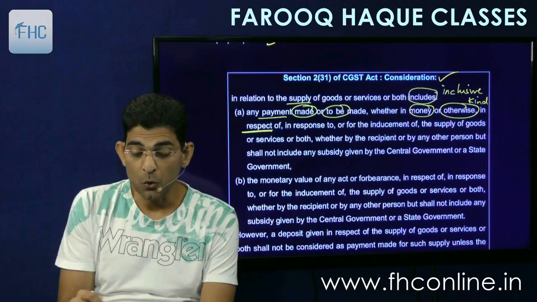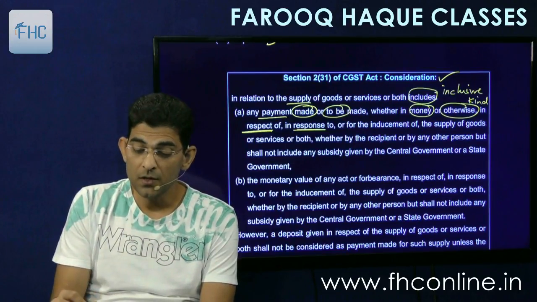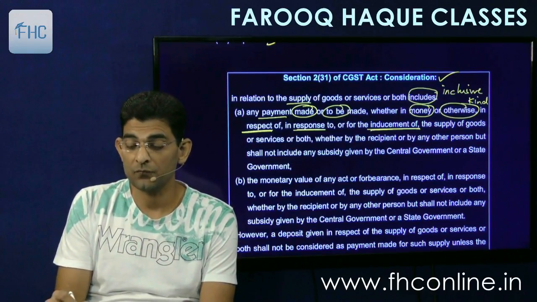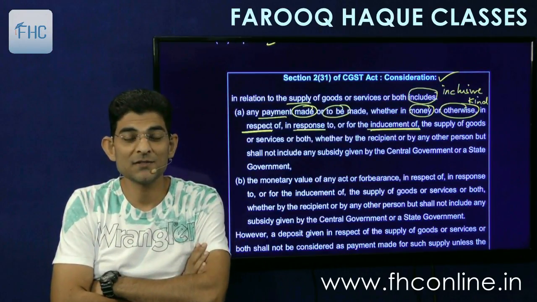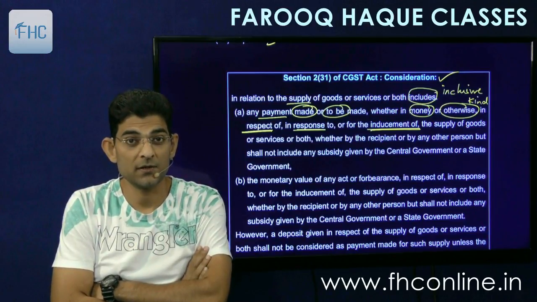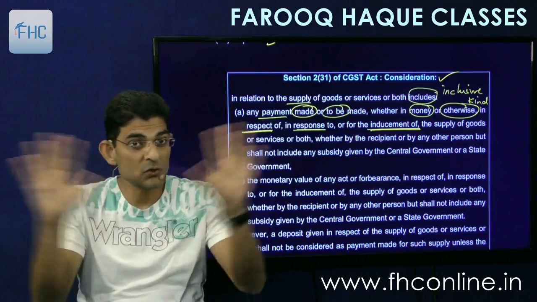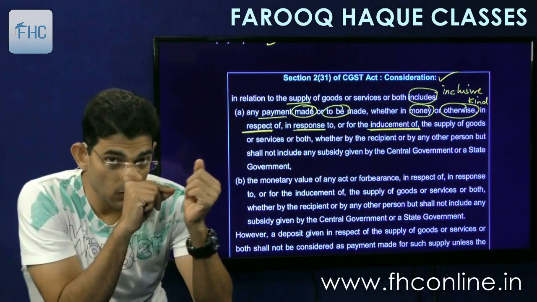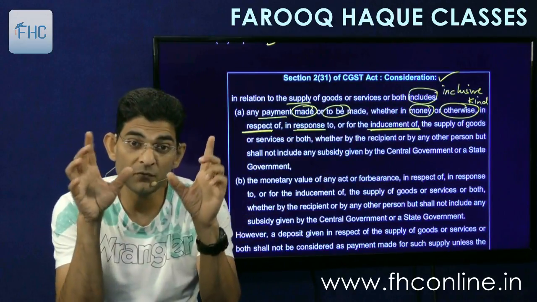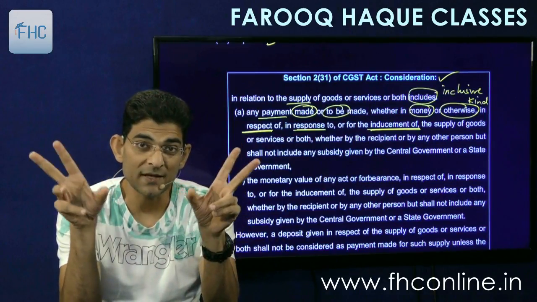Second, in response to. Or third, for the inducement of. 3 important words. Every payment is not consideration. If I give you just some money, that is not consideration. It will be called consideration only if it falls within any of these 3 characteristics.